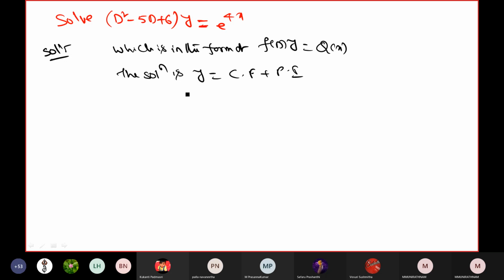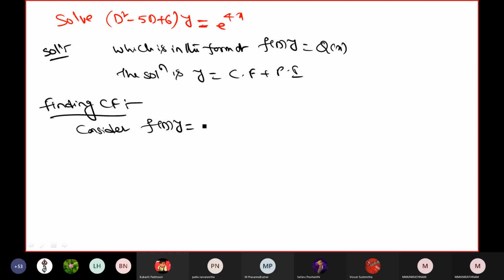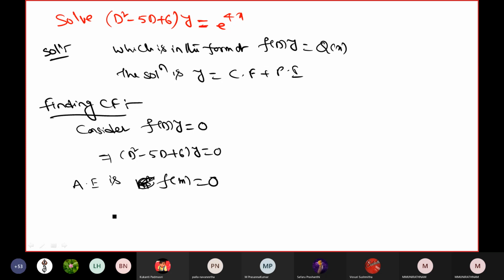So finding CF: we need to consider the homogeneous part, (D^2 - 5D + 6) y = 0. The roots will go by the roots of the auxiliary equation, f(m) = 0.